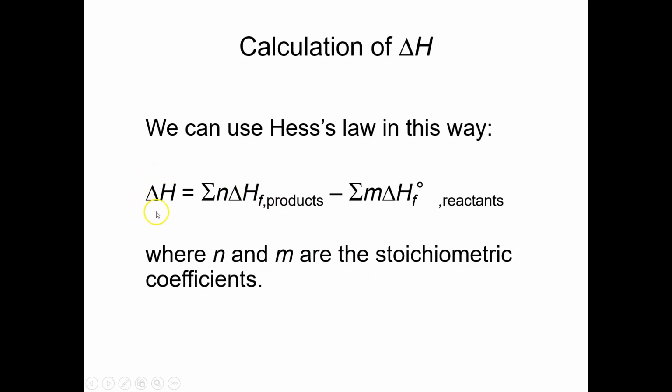But what this means is the enthalpy change for the whole reaction is equal to the sum of the standard enthalpies of formation of the products minus the sum of the standard enthalpies of formation of the reactants, where n and m here are the coefficients from the balanced equation.